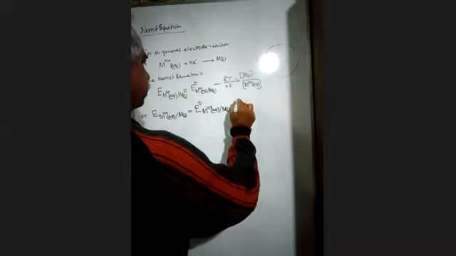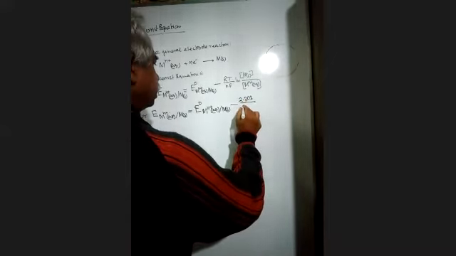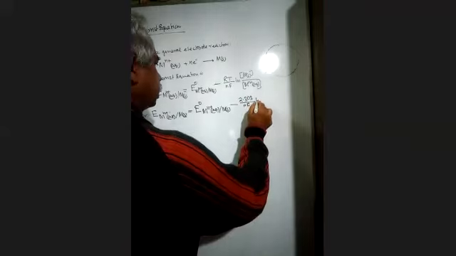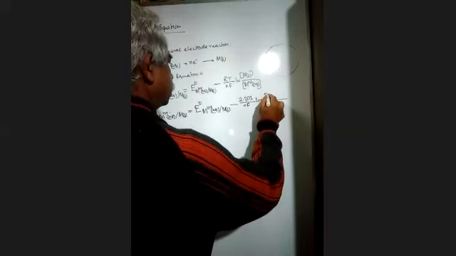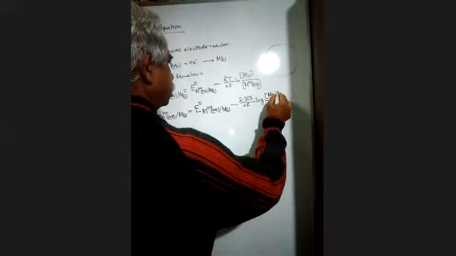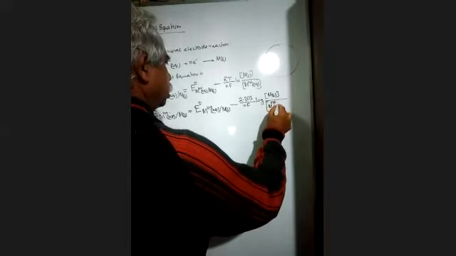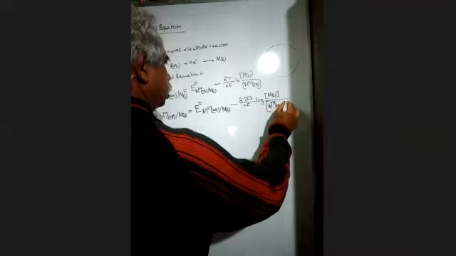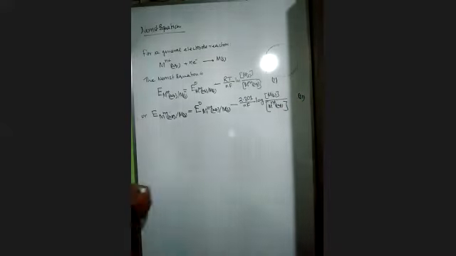So I have to multiply by 2.303, and F, log. So if this is equation 1, this is equation 2.